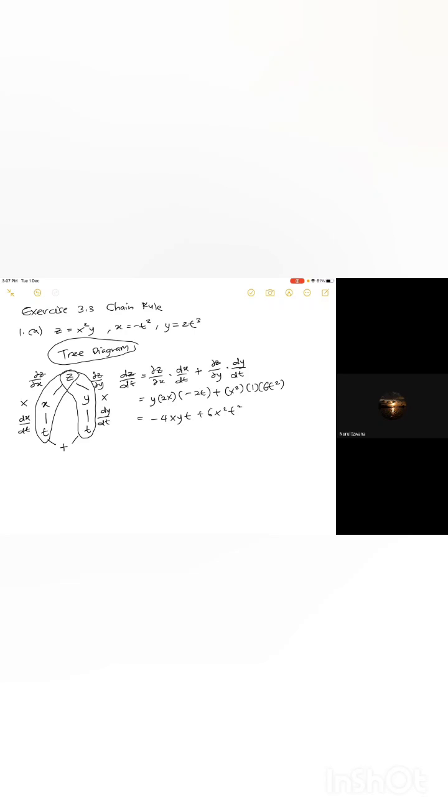Okay, now you may leave your answer here. However, to get the answer in the answer sheet, you have to substitute back the value of x and y with the variable t.